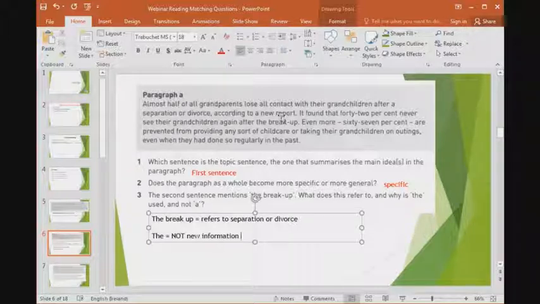So not only is it useful to understand how this is used in reading, it will help with the general understanding, but also if you use it in your writing, it will help a lot as well. Yeah. So they could say it found that 42% never see their grandchildren after separation or divorce. Yeah. But then you're just repeating the same words. Whereas this is referring back and using different vocabulary.